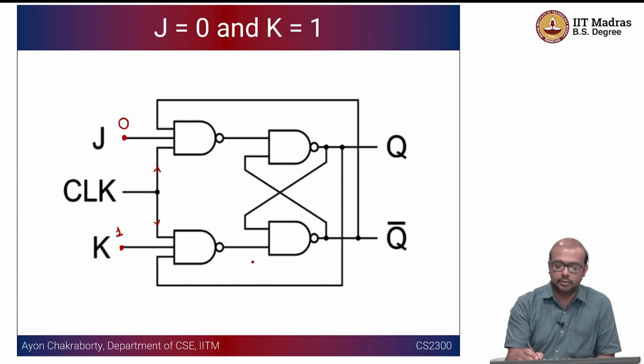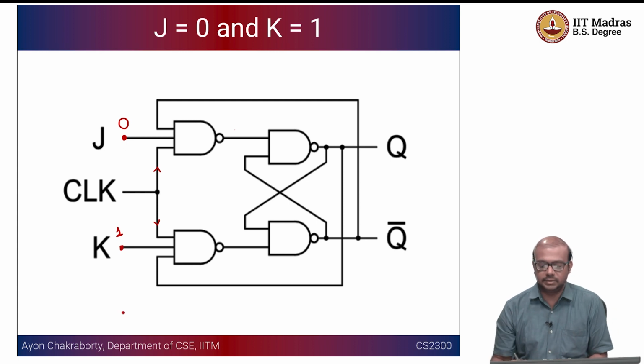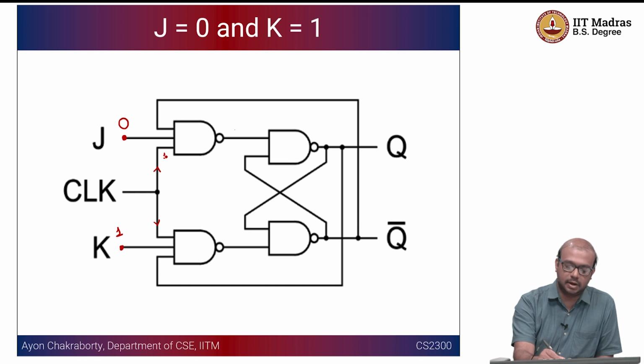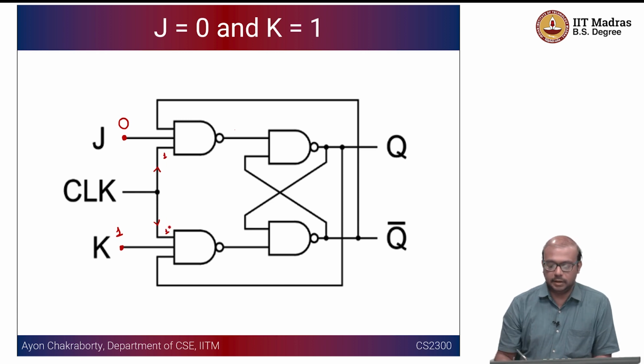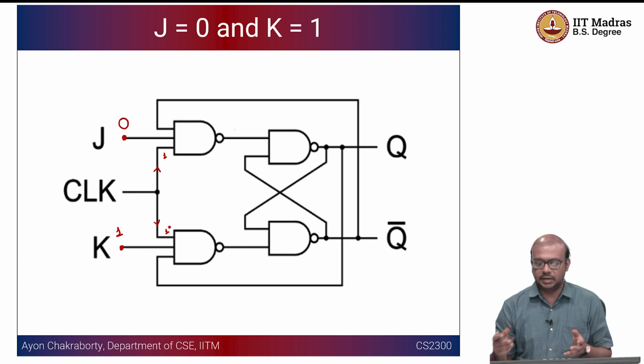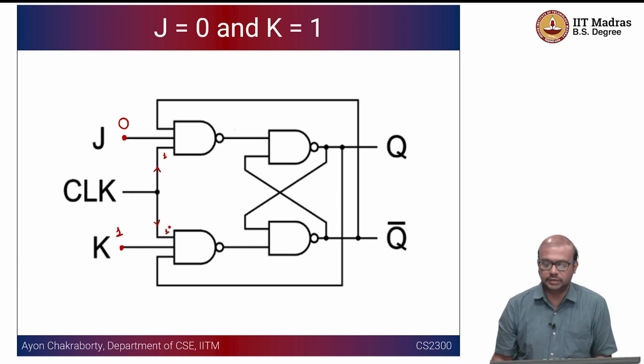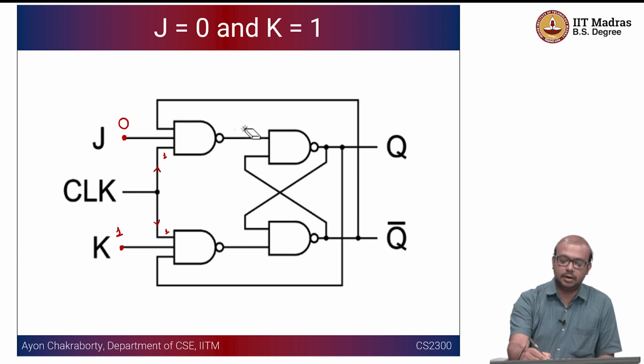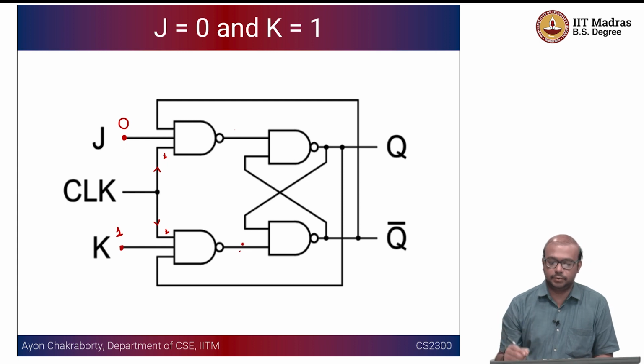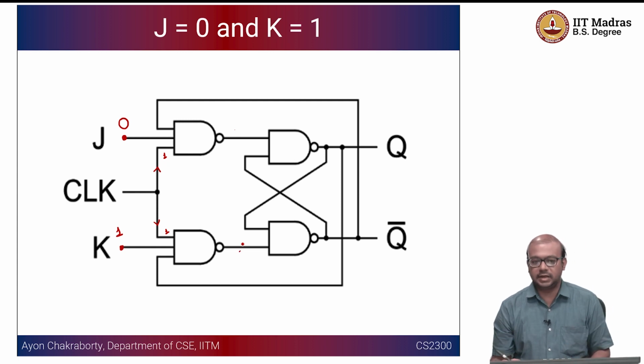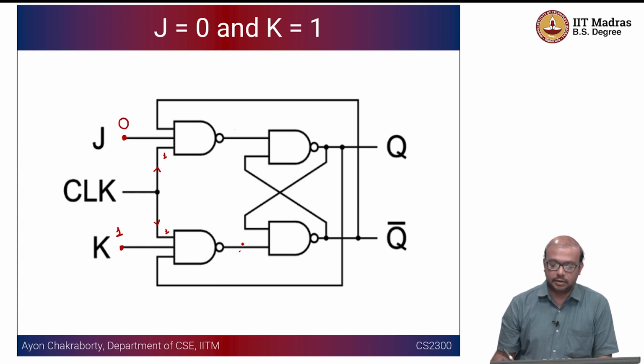If the clock is 0, definitely this is going to be 1, so that is a memory hold stage. So I'm not looking into clock equal to 0. Clock we are assuming here is 1. Clock equal to 0 is anyway logic low, so the output is going to be 1 here. So this is going to act as an RS latch with R and S both set to 1.